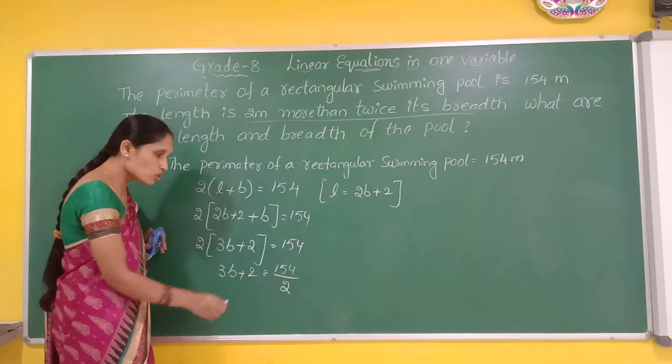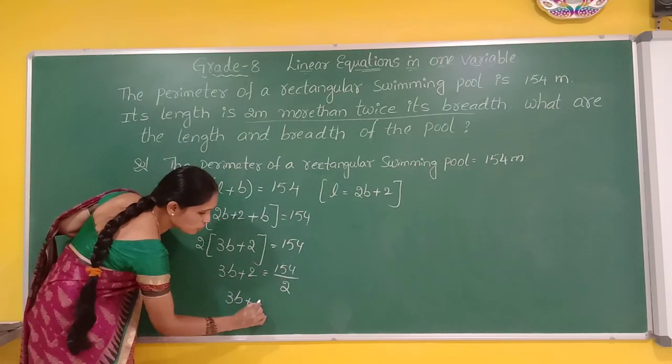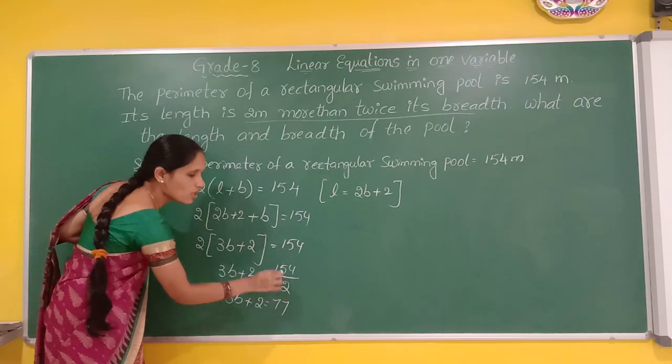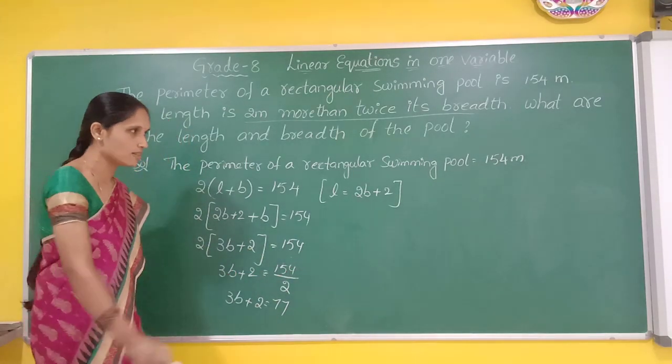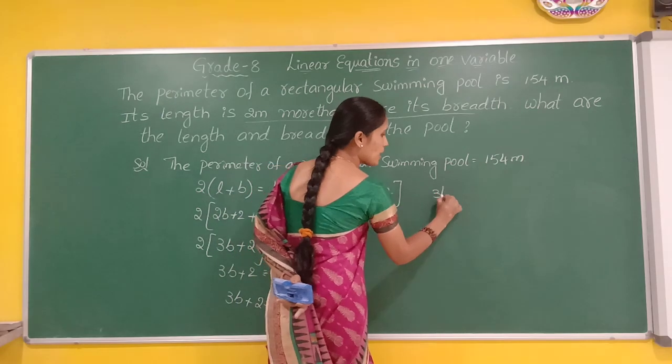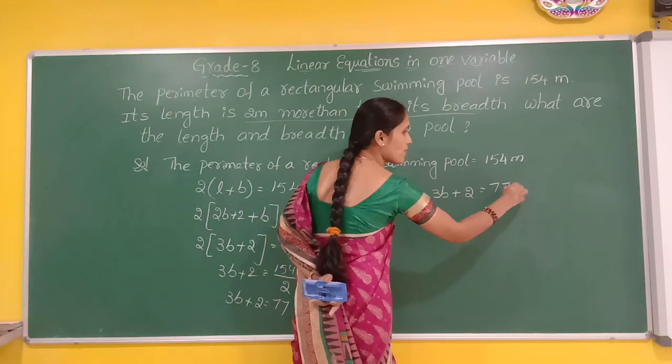Cancelled with the 2 table, 2 ones are 2, 2 sevens are 14, 77. 3B plus 2 is equal to 77.